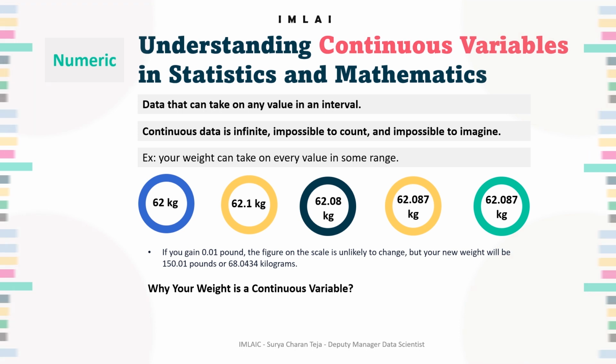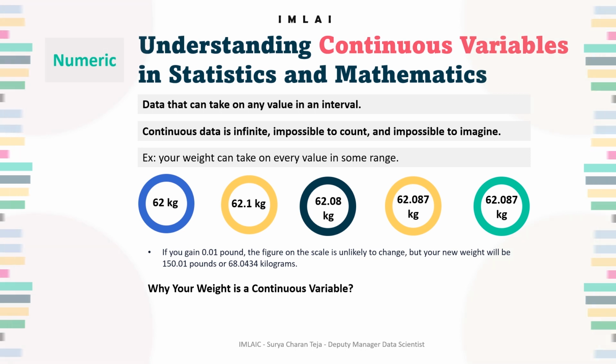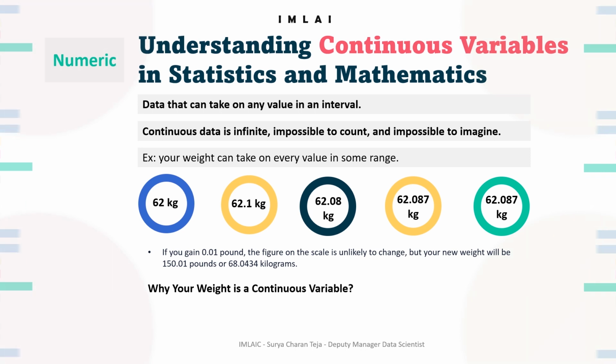So to sum up, your weight can vary by incomprehensibly small amounts and is continuous. Any feature in this world which can vary by incomprehensibly small amounts can be considered continuous. Okay. Some other examples that we can take for continuous variables are height of your body, area, distance, and time.